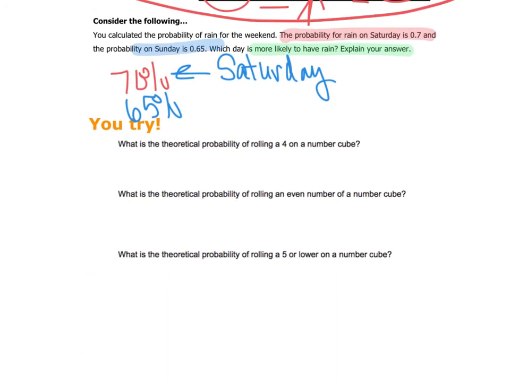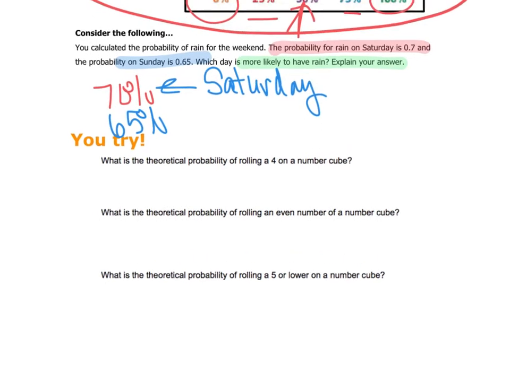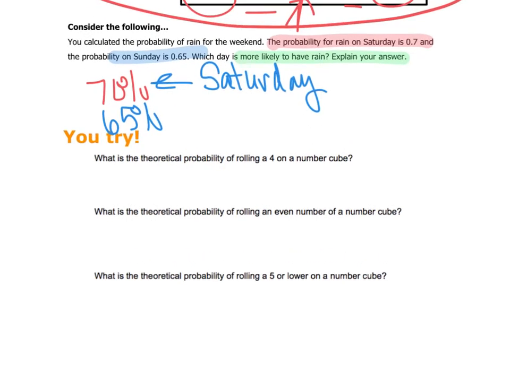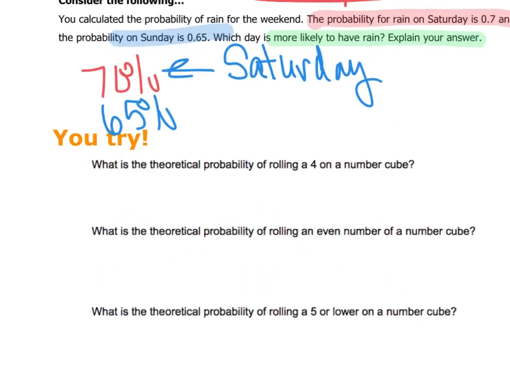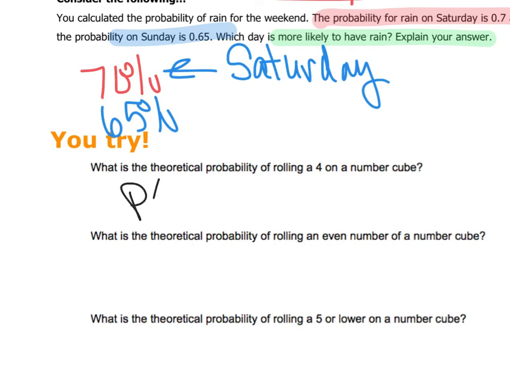Okay, you want to just pause the video here and try these on your own really quick, you can. If you just want to follow along, I'm just going to go through these really quickly. What is the theoretical probability of rolling a 4? So in notation, that's the probability of a 4. We already know that it's a number cube. A number cube is a 6-sided die. That's just a fancy word for a 6-sided die. So we have 6 options.